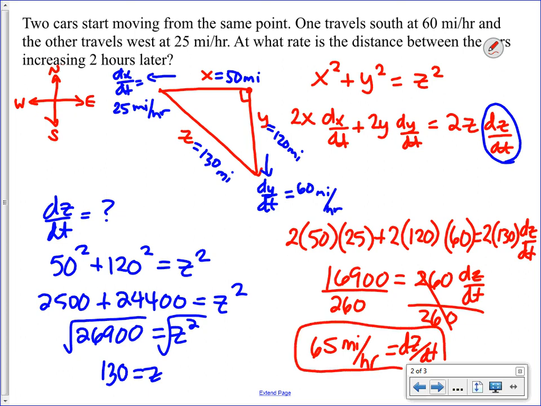All right, so the distance between the two cars is increasing at 65 miles per hour exactly 2 hours later. But again, what I really wanted to give you was an example where we had 3 rates of change that were related to each other.